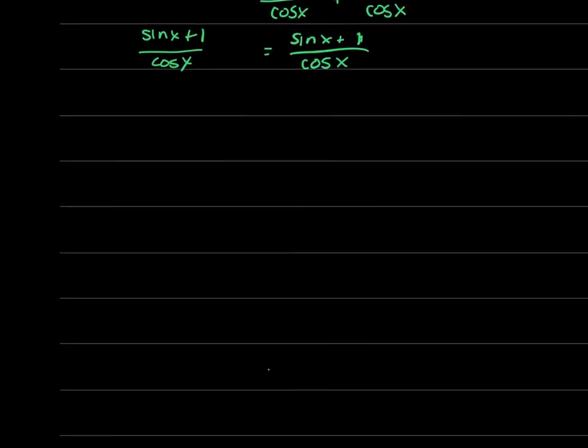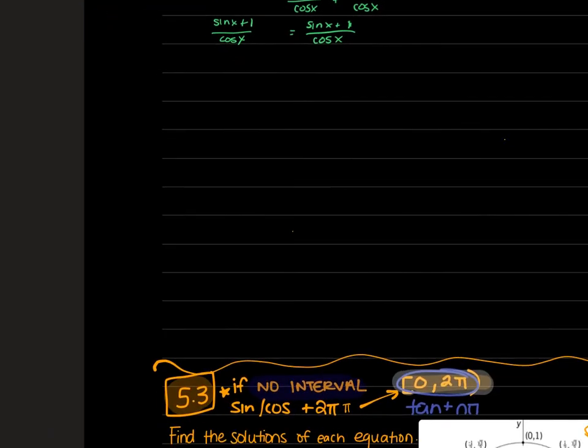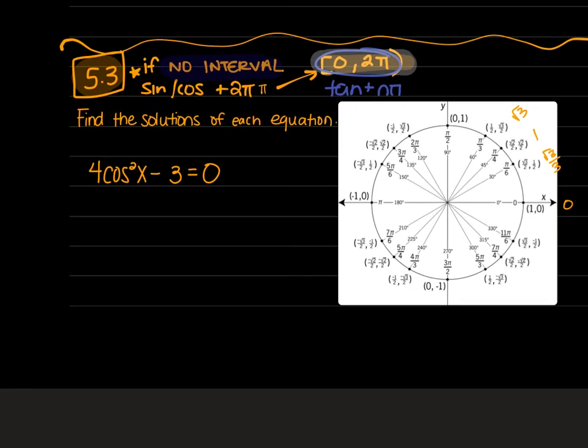Okay. Then came what we were talking about in 5.3. Remember, you need to know your unit circle, obviously. You don't need to fill the whole thing in. To be honest, I probably wouldn't. I would probably give myself my little, like, over 6 is root 3 over 2 and 1/2. Over 4 is root 2 over 2 and root 2 over 2.